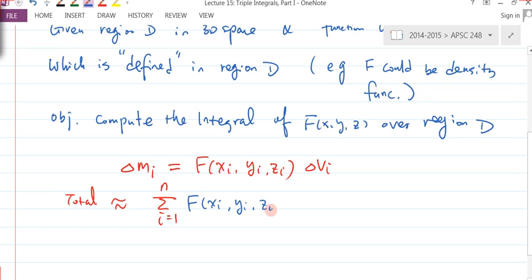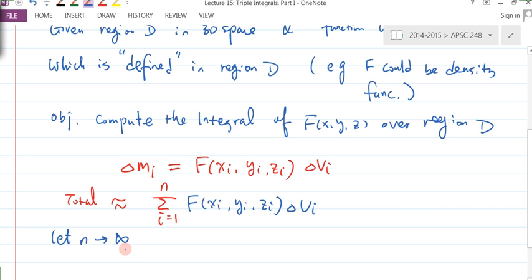Sum them up, and we get an approximate mass of this object D. That's the approximating process. Now if we let n go to infinity, this is not going to be approximate anymore. This will be the exact total mass.